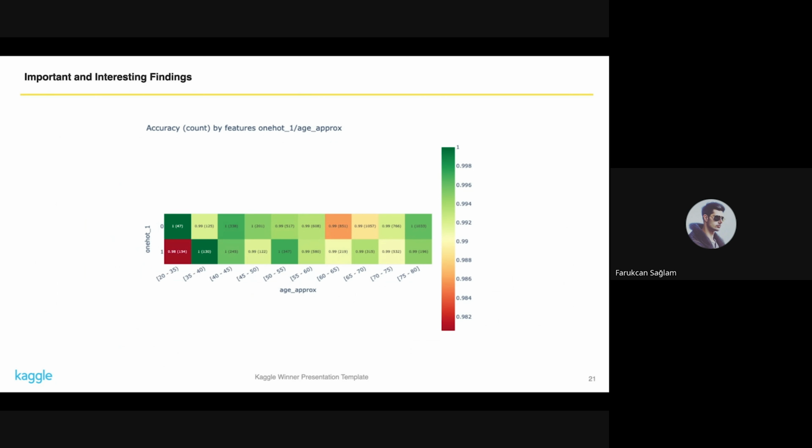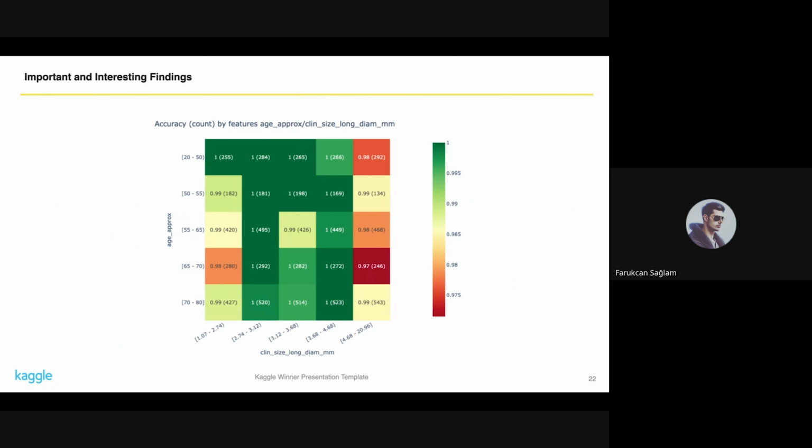Overall, actually, it's a little bit harder to predict malignant cases in female patients. The score is a little bit lower compared to male patients. But in some age segments, especially the elderly patients, the score is lower both for female and male patients.